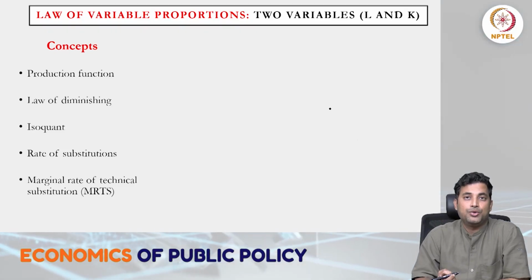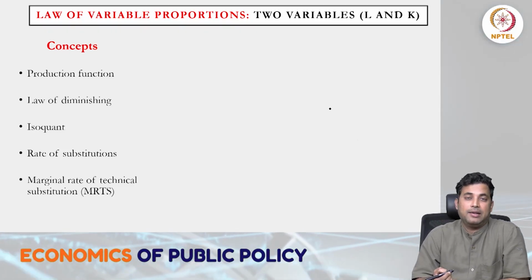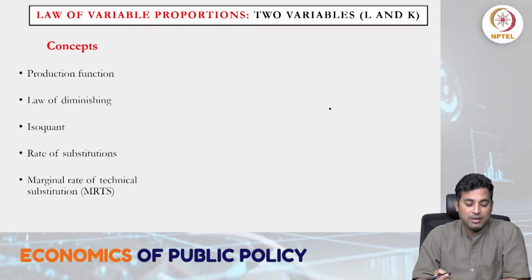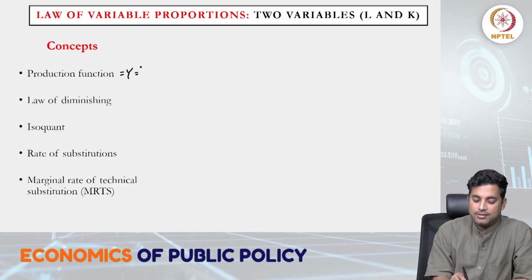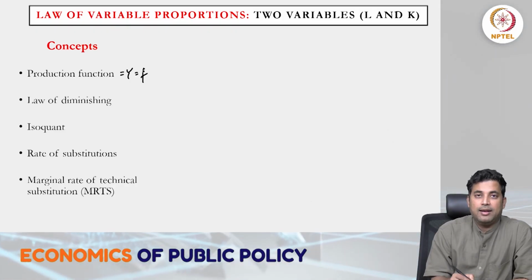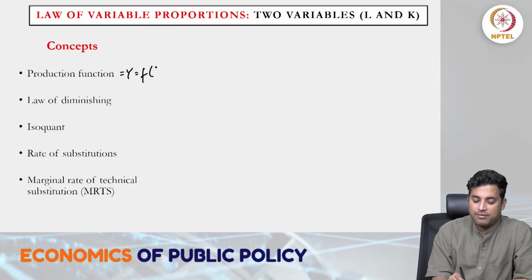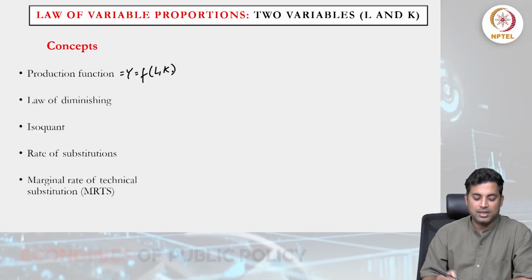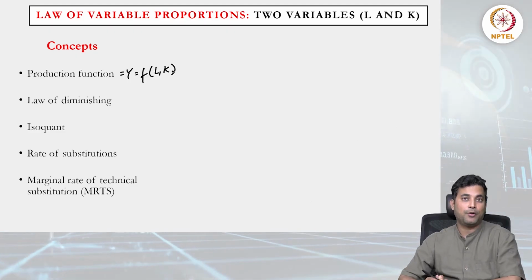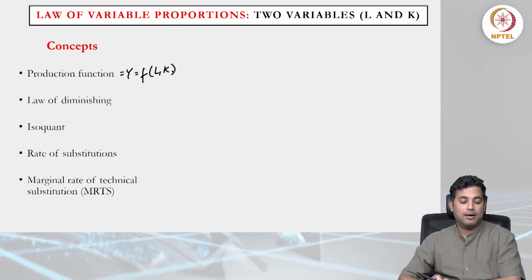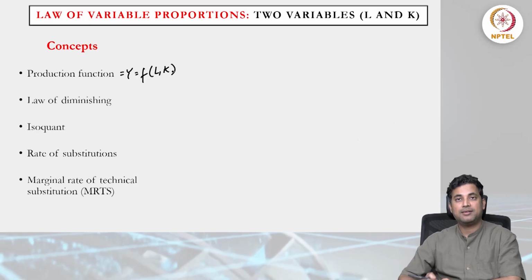When there are two variables, where labor and capital are both variable in the production function, Y is a firm's total production function, which is a function of labor and capital, and the law of diminishing returns will be followed, and here again the rate of substitution.